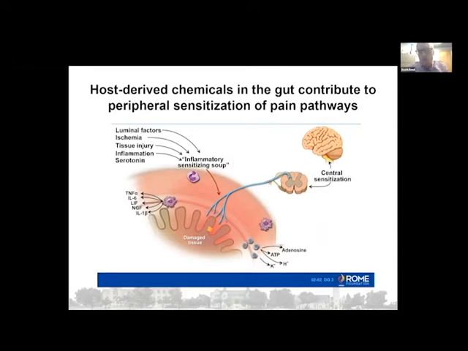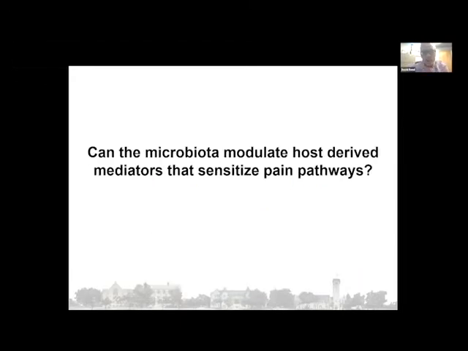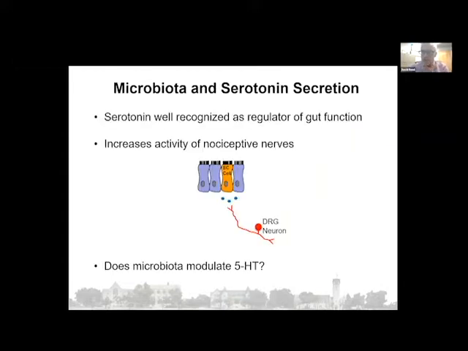And so one of the first questions that one can ask is, can the microbiota modulate host-derived mediators that sensitize pain pathways? One of the simple ones to look at is serotonin, or 5-HT.